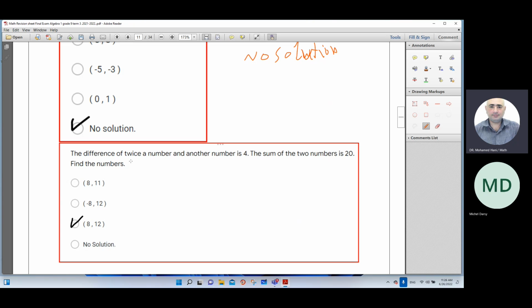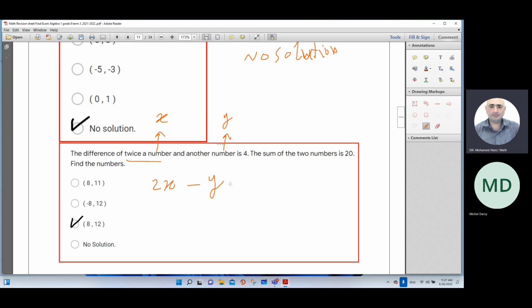The difference of twice a number: the difference means minus, of twice a number. We don't know the number, so represent the number by any variable, for example, x. Twice a number means 2x. And represent another number by y.